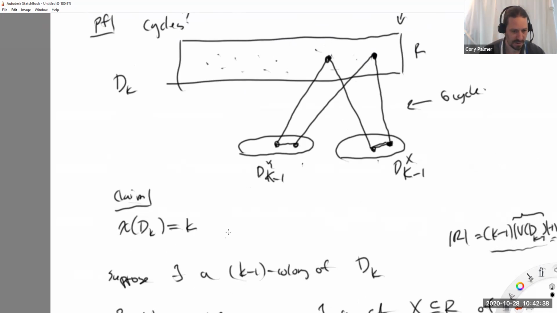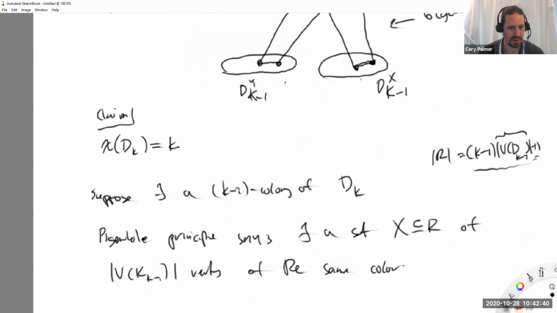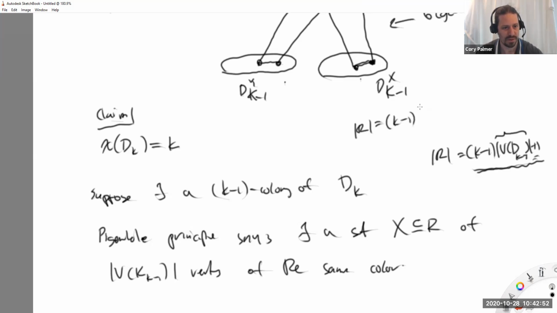Okay. In fact, oh, I see. You know what? I don't even need this many to get that. Actually, how could I guarantee that? Yeah, okay. So the original thing I had was correct. Even R of this size will give me that: (k-1)(v_{d_{k-1}}-1)+1.